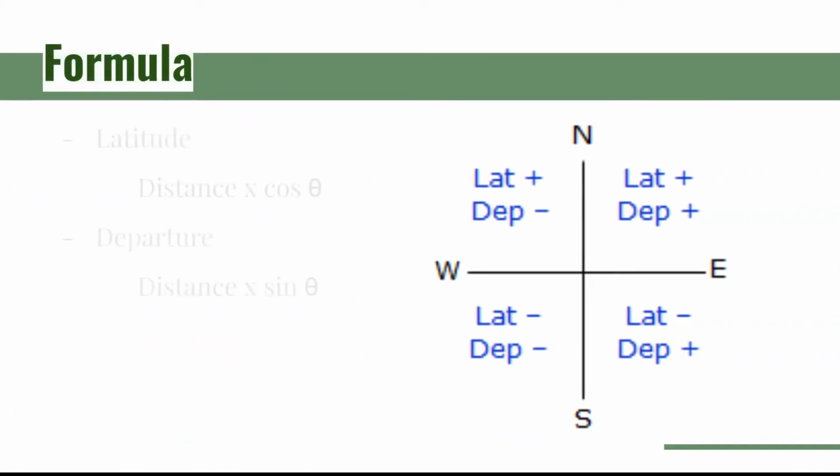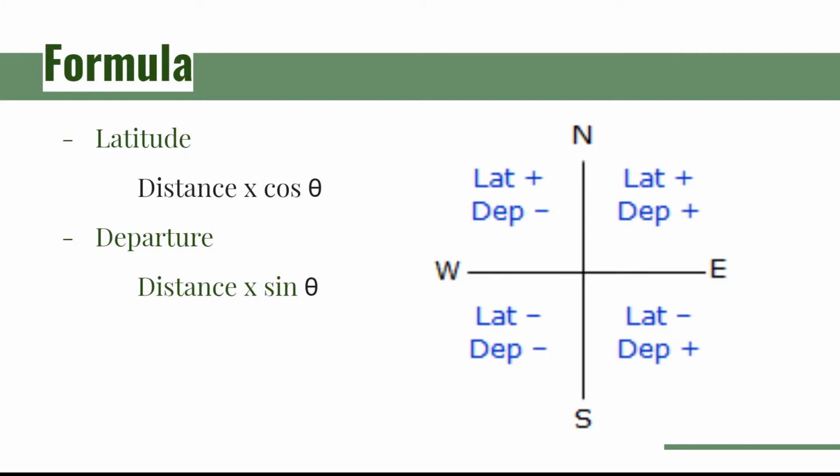For the computation of latitude and departure, the formula is latitude equals the distance times cosine theta, while departure equals distance times sine theta. Figure 1 shows the correct sign convention for latitude and departure.